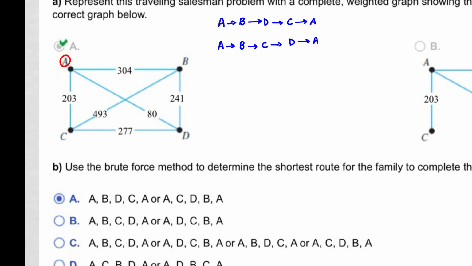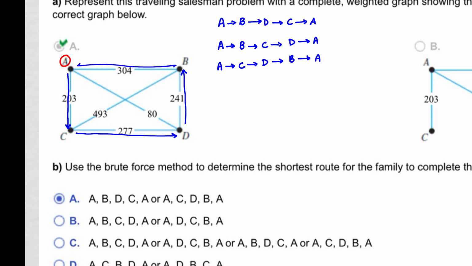So what are some other possibilities? Again, starting at A, I'm going to go to C this time. And then to D. And then to B. And then to A. If I write these down each time, then I make sure that I'm not repeating the same route.